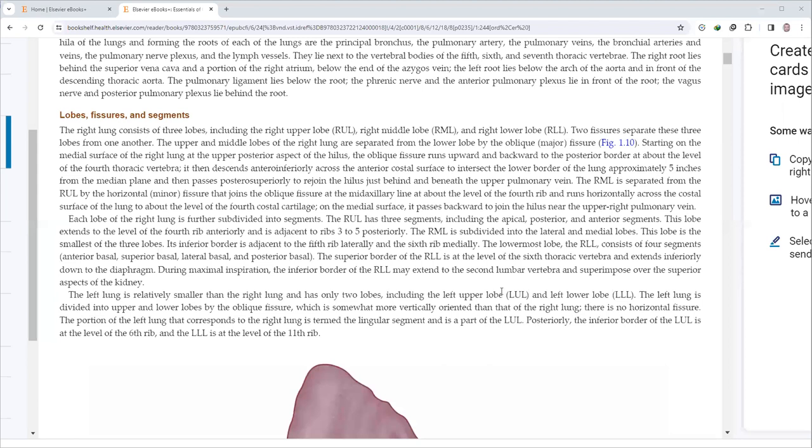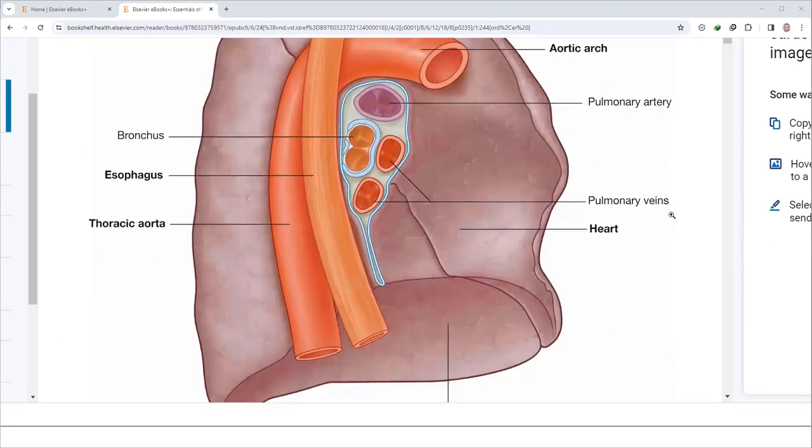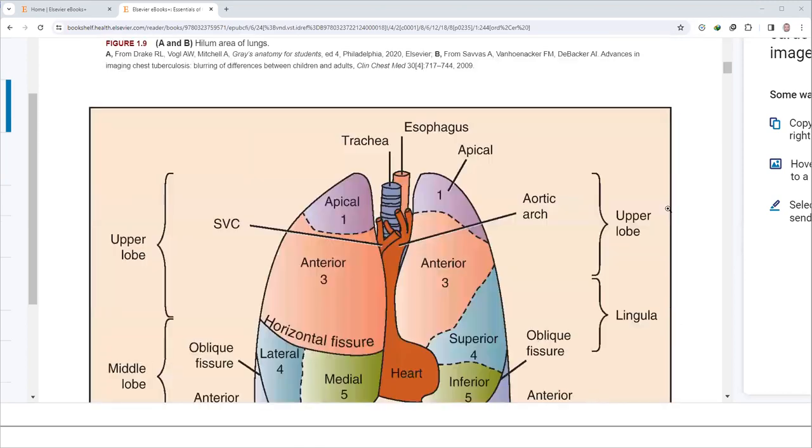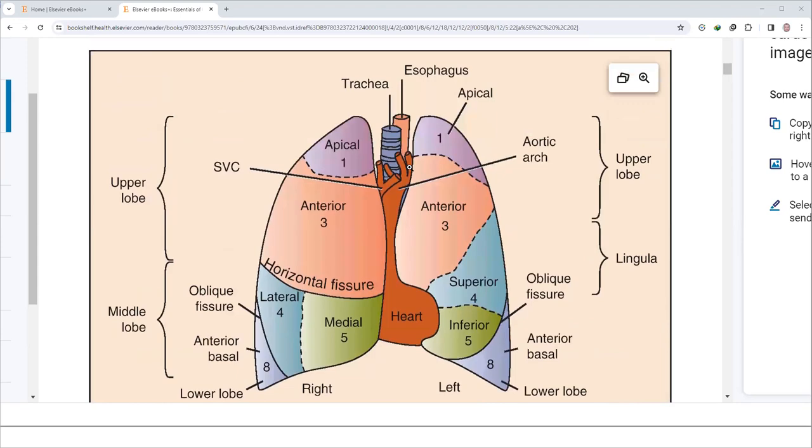Okay, so this text says, what are the lobes, fissures, and segments of the lung? We will be explaining this figure now.